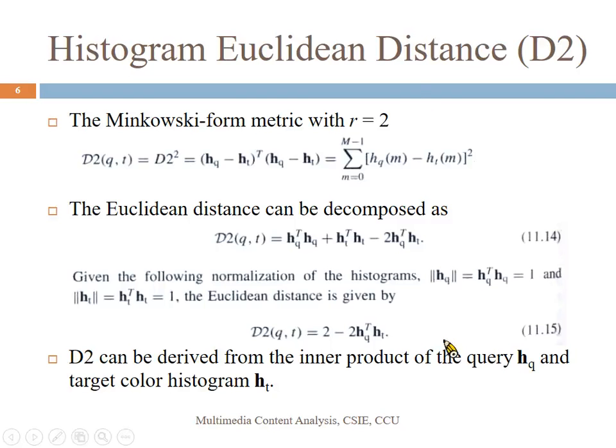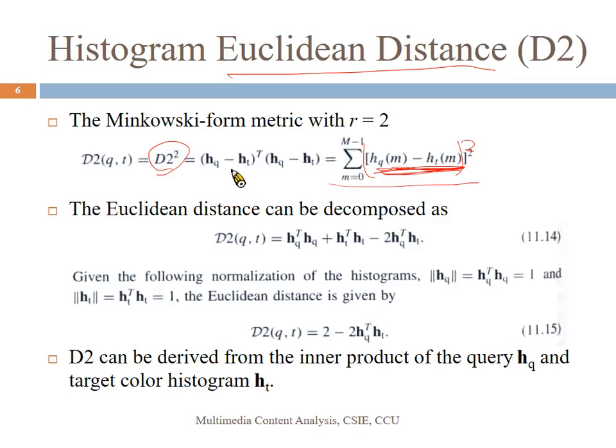So D2 is the most commonly used Euclidean distance. We can see the definition here. So now we take the squared Euclidean distance, and the definition is this. We just take the difference between the histograms bin by bin and take the square, and then sum all these squares.